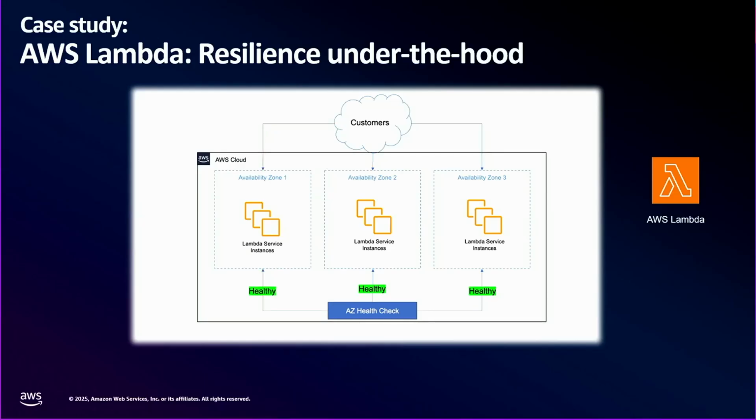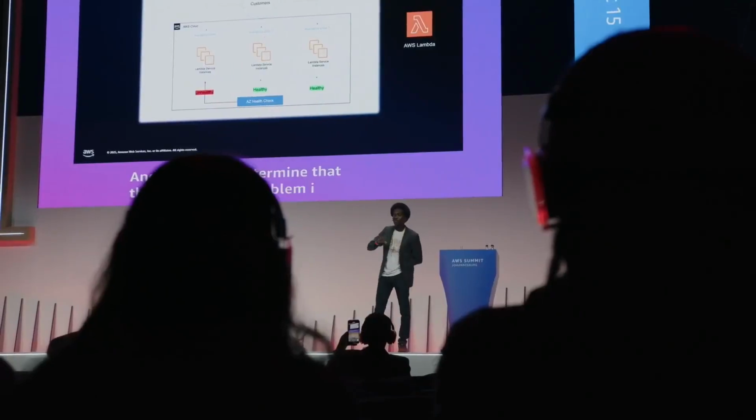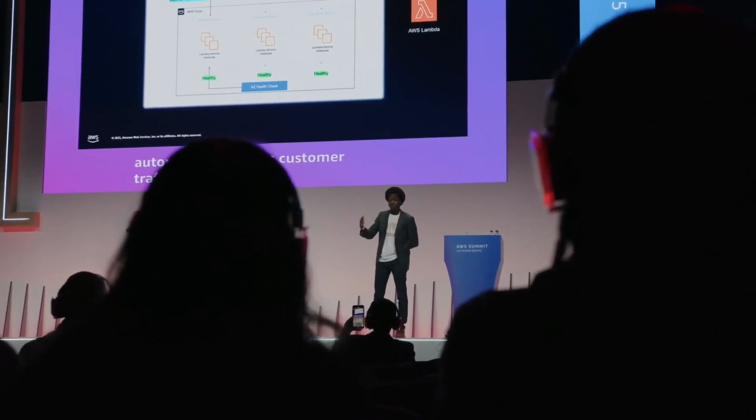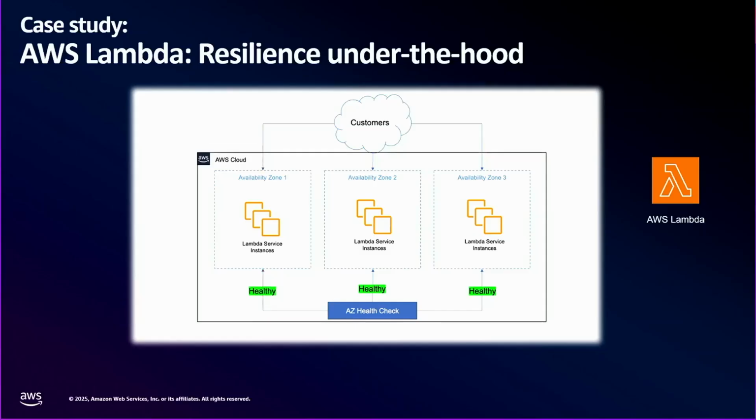And when they determine that there might be a problem in one of the AZs, the system automatically drains customer traffic away from that unhealthy AZ. And what they've done is, because this is critical to customers and the expectations customers have of Lambda, they have pre-built capacity in the other AZs to take the load of the AZ that's now at fault, right? So this is static stability in play.